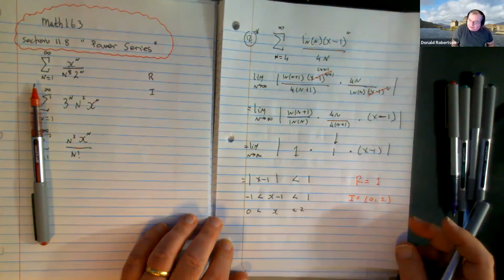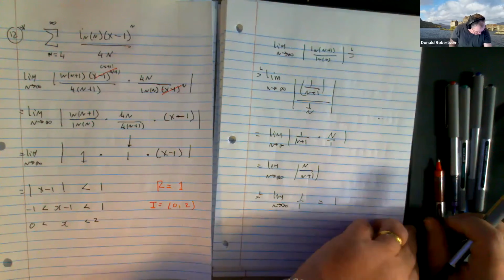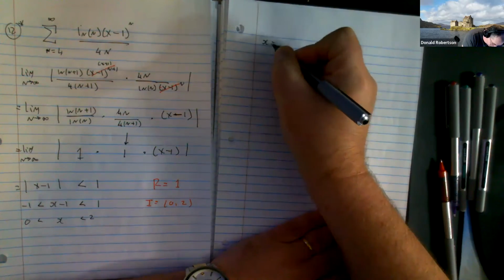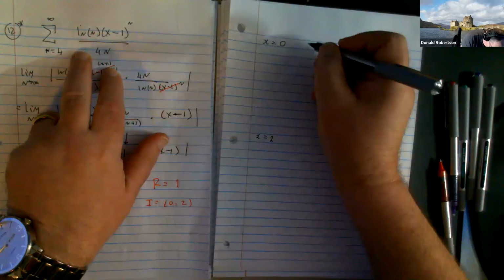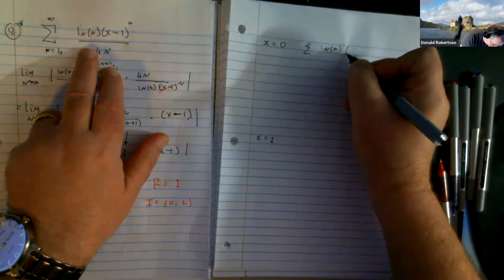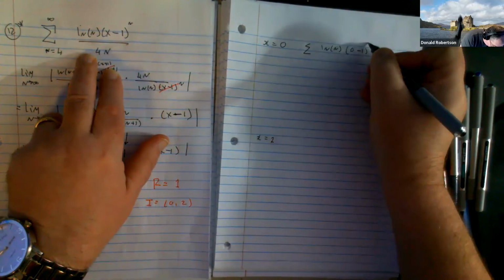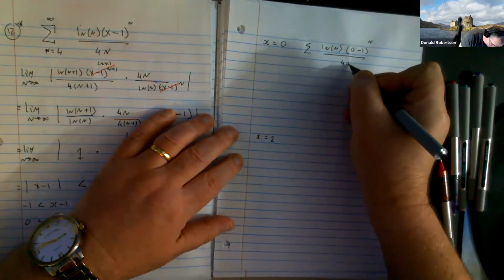So far, so good? Now, like every other situation, don't we have to check the 2 endpoints? So the 2 endpoints are, I'm going to find out what happens at x equals 0, and I'm going to find out what happens at x equals 2. At x equals 0, it's going to be the natural log of n, 0 take away 1 to the n over 4n.